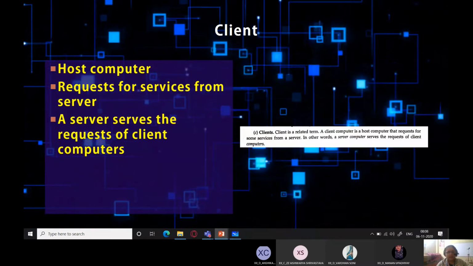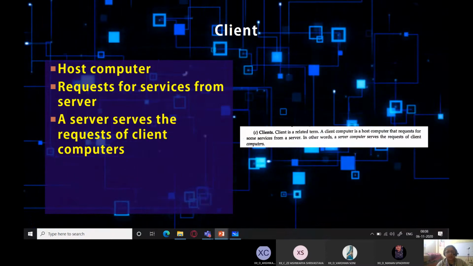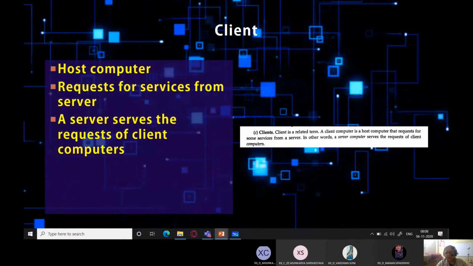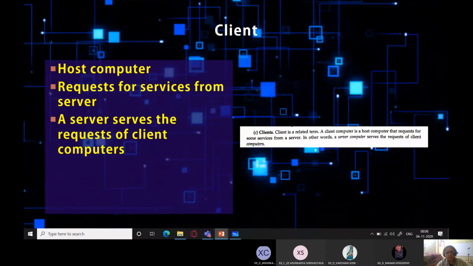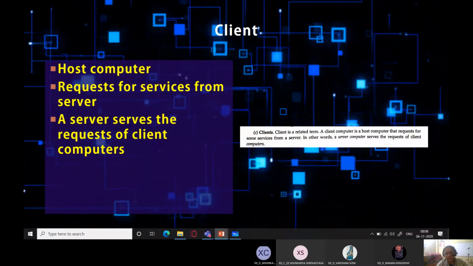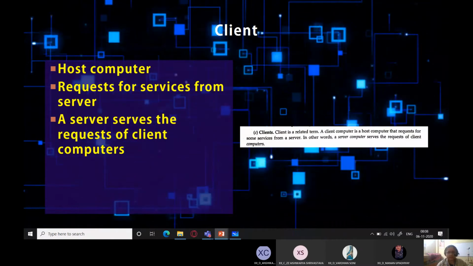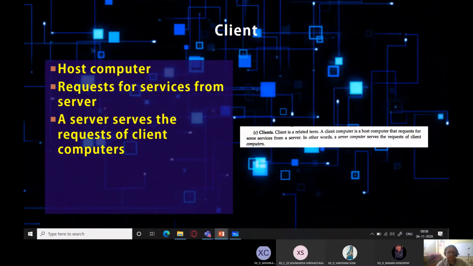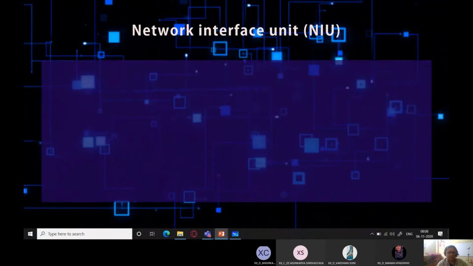This is what happens at most places, especially in banks. When you are using your net banking app through your smartphone, your smartphone forms the client which places a request with the centralized bank server, from where you are able to access your account information.